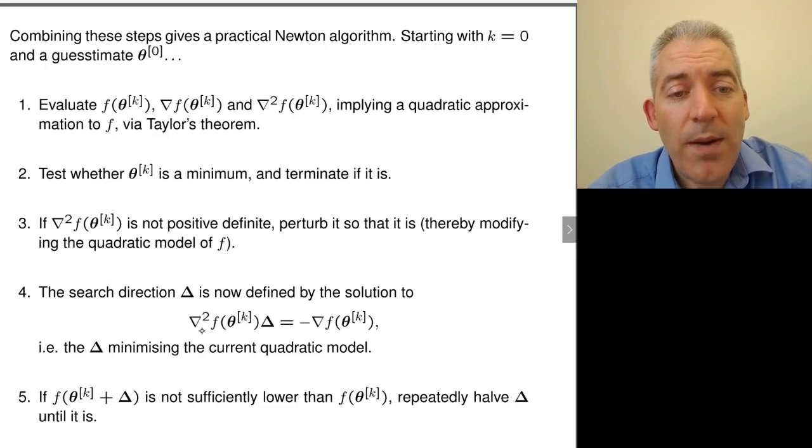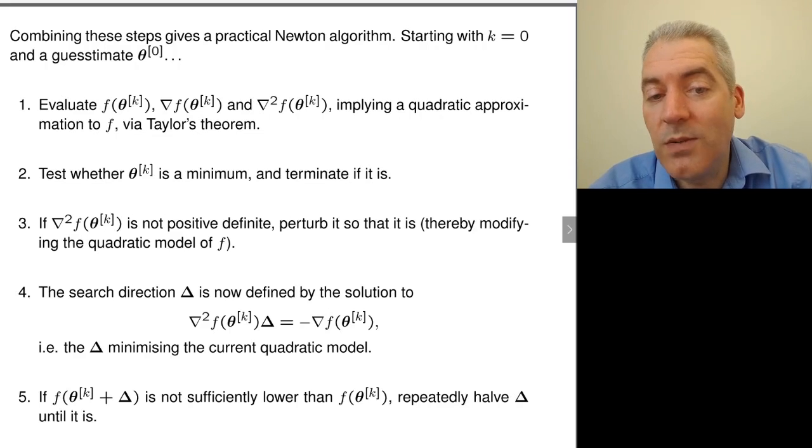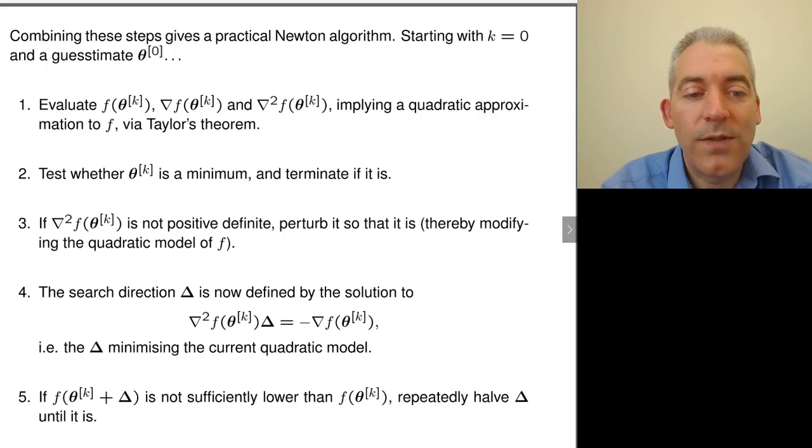So now we can solve for our search direction. This now represents our potentially slightly modified Hessian, but hopefully not modified very much. So we just solve this linear system using the most efficient method we have to hand. And of course, if we've already got the eigen decomposition of it, because we've used it at this step, then we might use the eigen decomposition here in order to solve this.